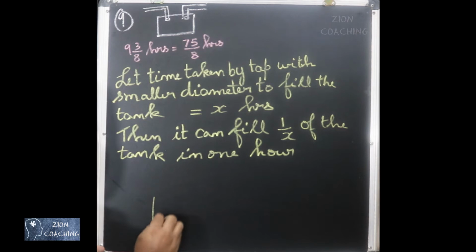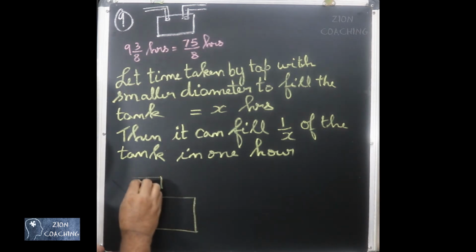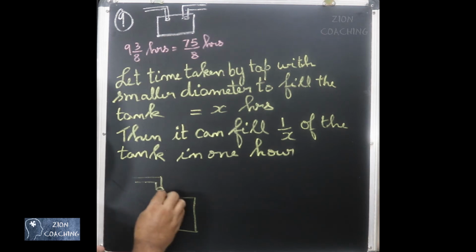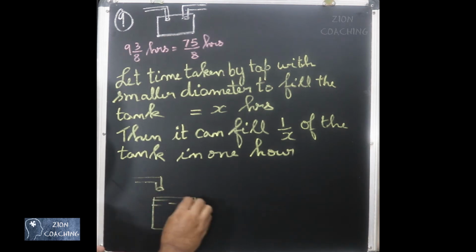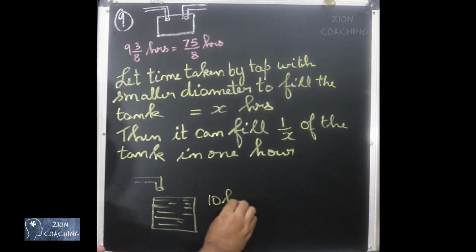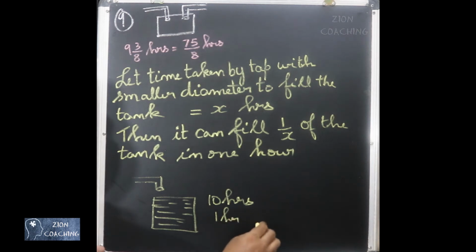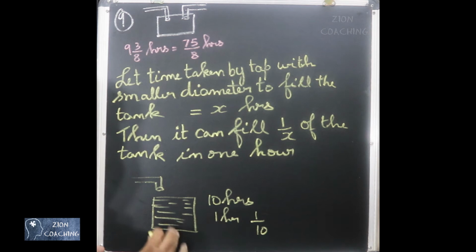Suppose you take this tank. Now I am going to tell this tap is going to fill this tank completely in 10 hours. Then in 1 hour it would have filled 1 by 10th of the tank. I will give you one more example.